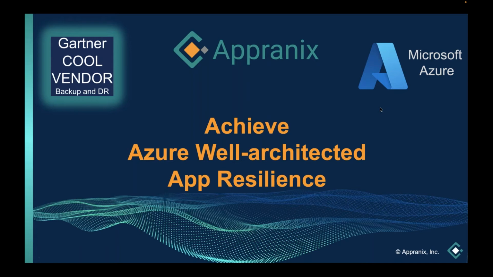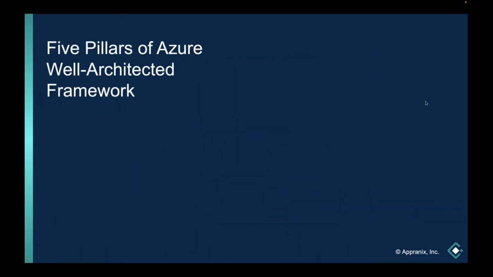We'll talk about the well-architected framework with respect to Azure and, within that framework and its best practices, the application resilience component of it. Now, there are 5 pillars to Azure's well-architected framework. We are not going to cover every one of them, right?